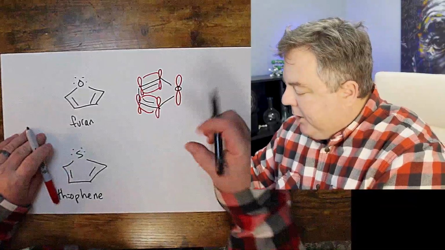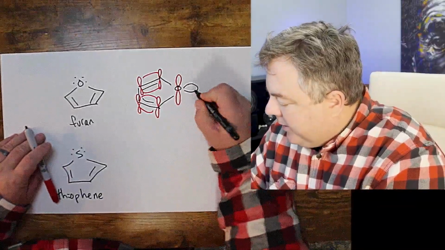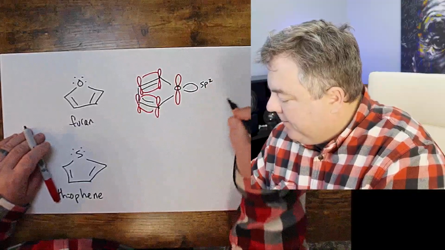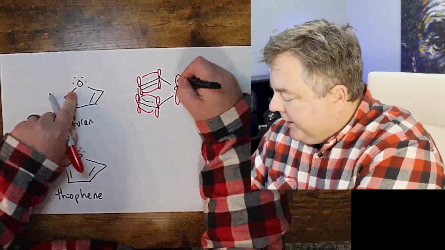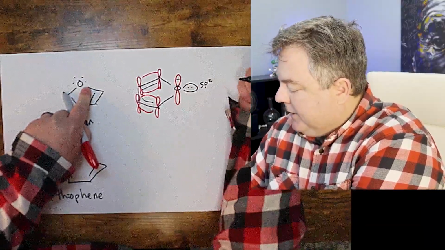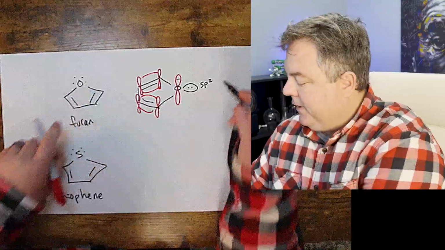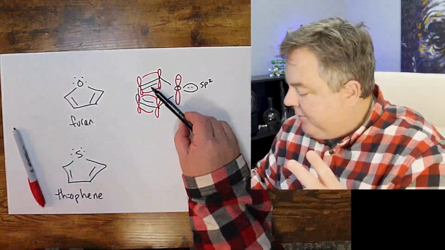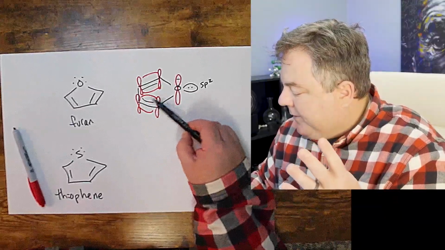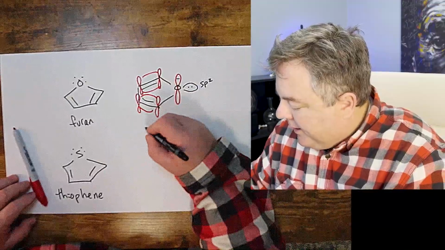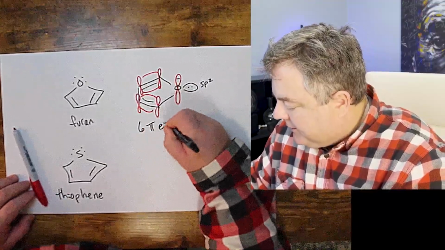And if it has a p orbital, that means there's also 3 bonds, an sp2 hybridized orbital on there. So 2 of these electrons are in the pi system in the p orbital, and the other 2 electrons are in the sp2 orbital. So in the pi system, we have these 2 electrons for this pi bond, these 2 electrons for this pi bond, and these 2 electrons in this p orbital on the oxygen for 6 pi electrons.